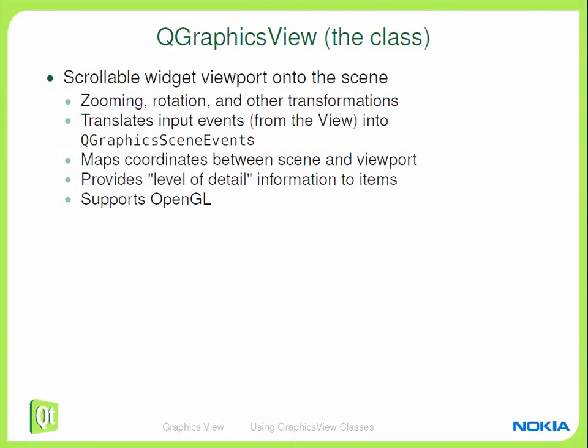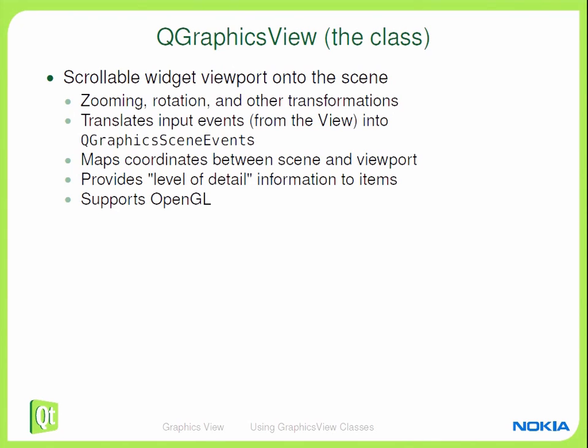Then we had the QGraphicsView, which is showing contents of one scene. This is a scrollable widget viewport, which basically means that it's derived from QAbstractScrollArea, and it will have scroll bars if the scene doesn't fit there. You can also set the scroll bar policy so that you will never have scroll bars there. But it's a scroll area that's showing contents of a scene.